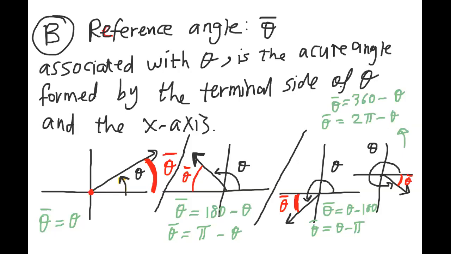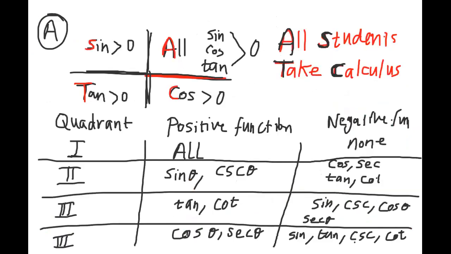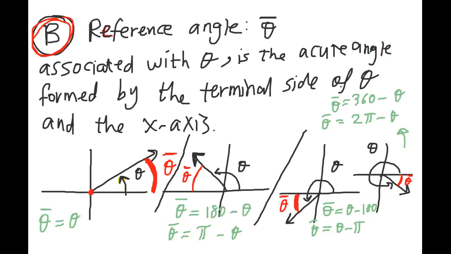So, second thing, how to find the value for the angle: first, we have to know the sign here. This is the sign. And the second thing, we have to know the reference angle.